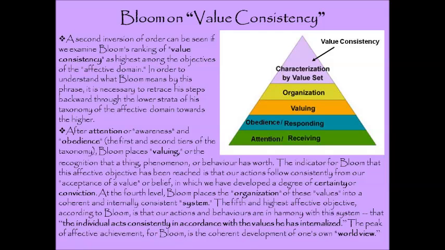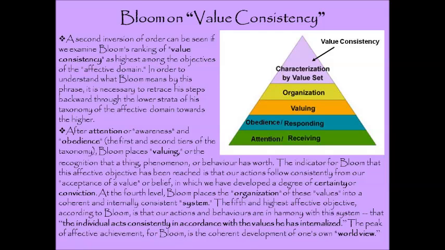In order to understand what Bloom means by this phrase, it's necessary to retrace his steps backward through the lower strata of his taxonomy of the affective domain towards the higher. After attention or awareness and obedience, the first and second tiers, Bloom places valuing, or the recognition that a thing, a phenomenon, or a behavior has worth.